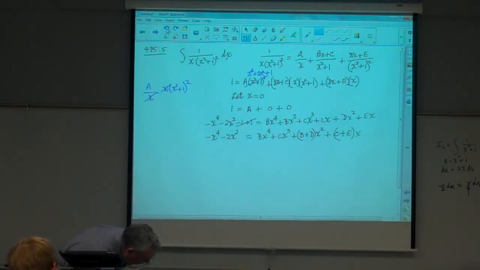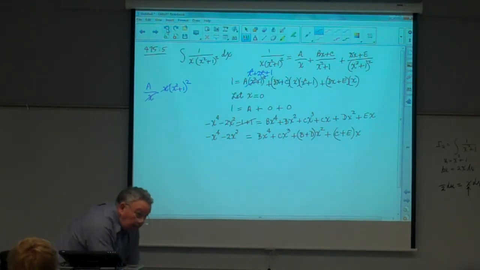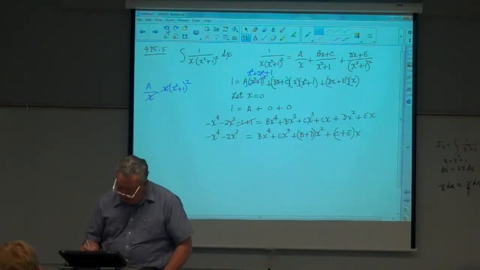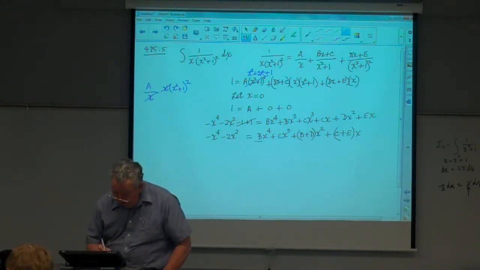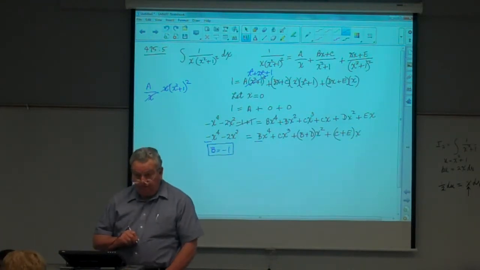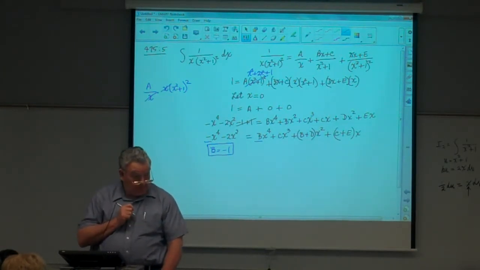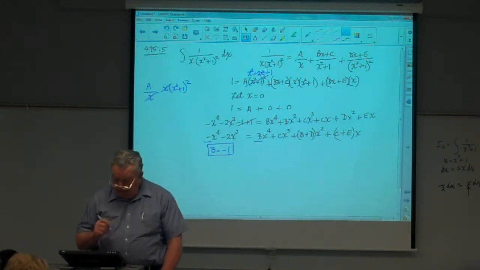See what you think. C plus E is 0. Is my algebra right? It looks right. Then I take note that B is equal to -1. Doesn't it have to be? D is negative as well.